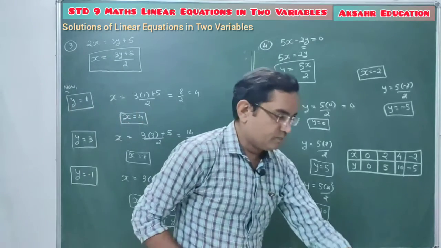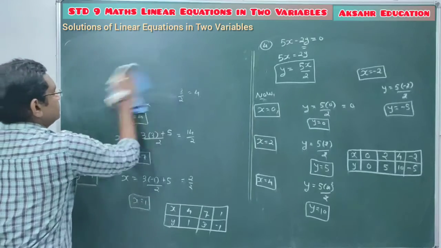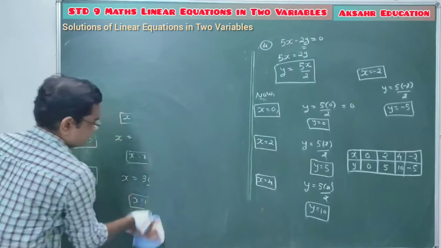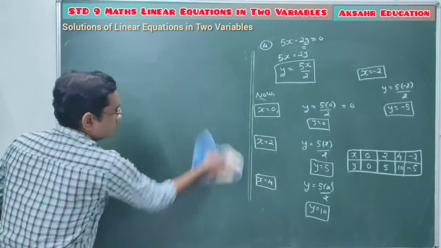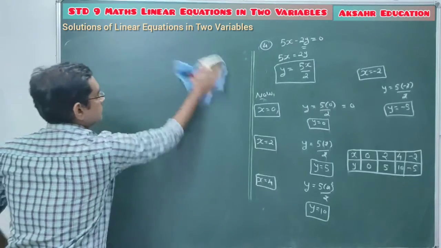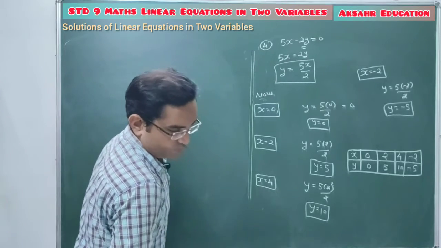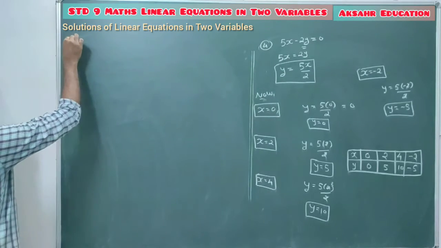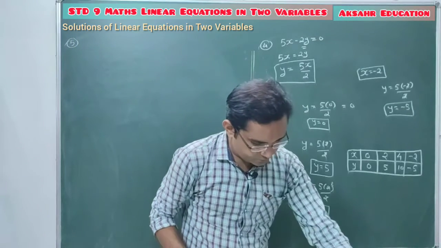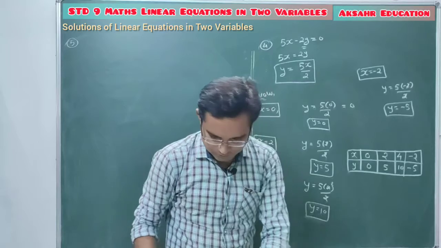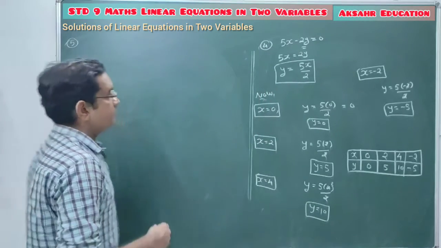Now next question, question number 5. So here we are given one linear equation which is 3x minus 2y equal to 3.